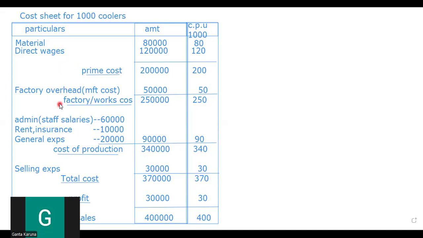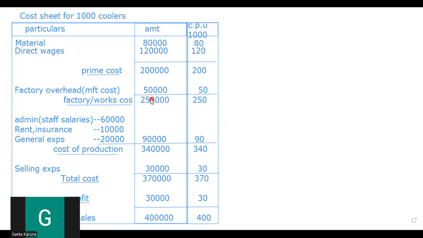Until he doesn't mention, you will always find it on wages. But here he mentioned us to change the method. He said manufacturing cost will rise in proportion to the combined cost of material and wages. The combined cost of material and wages, how much will it be? 2 lakhs. So on 2 lakhs, he's asking to find out a manufacturing cost.